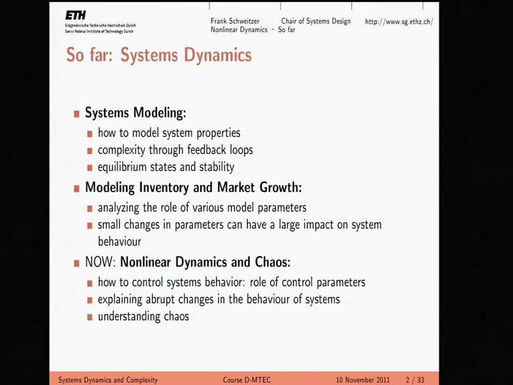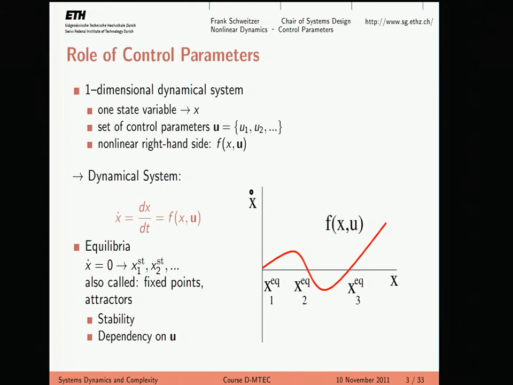All right. It's stationary, or it's also called equilibrium points. Mind you, we make no statements about the stability of these equilibrium points. We'll investigate how to find that out. But for now, these are equilibrium points. And the number of equilibrium points and their stability depend on the control parameter.